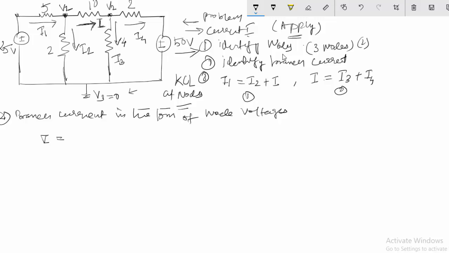I can take any node to be at the higher potential. If I am wrong, I will get the direction of the current as negative, so my assumed direction is wrong.